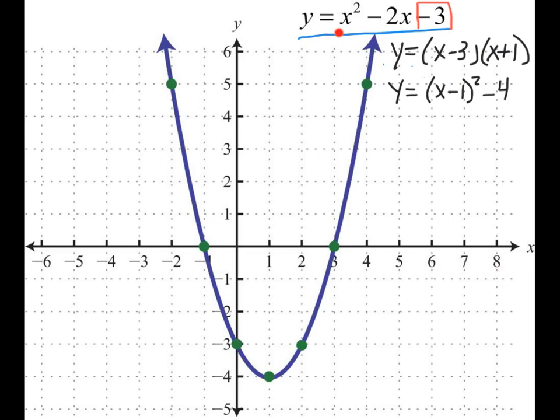If I put a 0 in for x, because for the y-intercept, x is 0 on the y-axis, well, 0 squared is 0, minus 2 times 0 is 0, and so the only thing that would be remaining is this term, the negative 3, which indeed is our graph feature, or in this case, the y-intercept down here at negative 3. All right, so the standard form equation already has a feature of the graph within it. Now let's go to the next one.